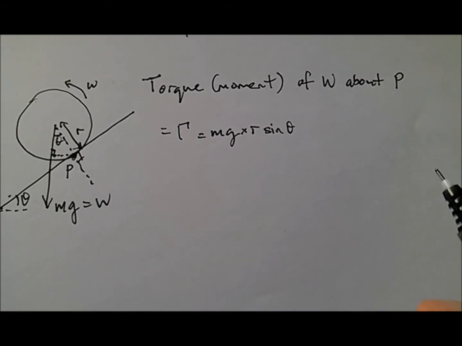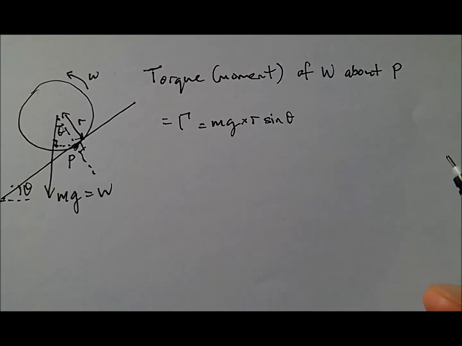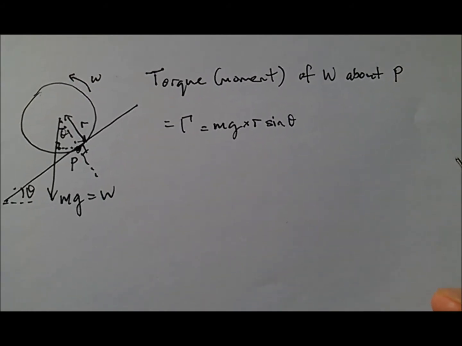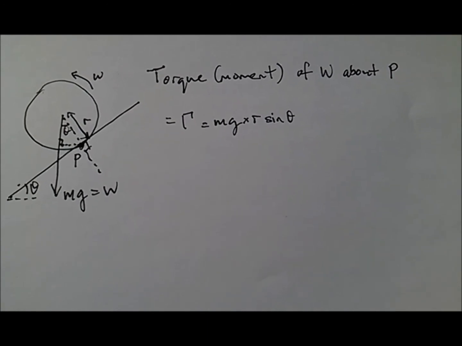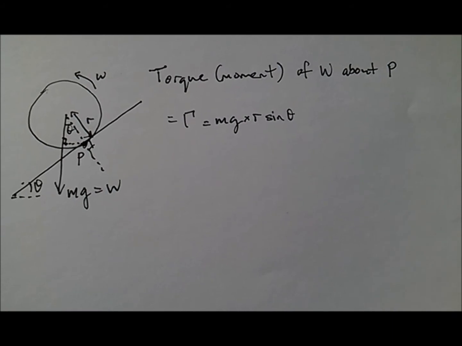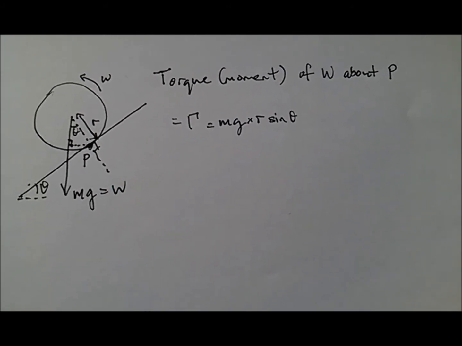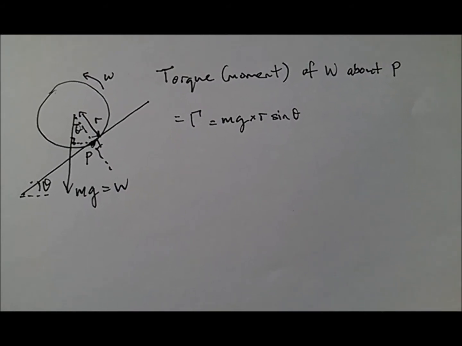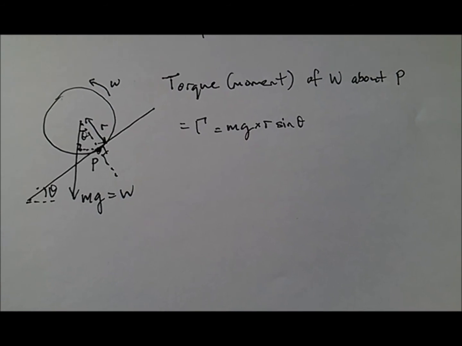If we are talking about linear motion, we have something called mass, right? A heavier, more massive object will be harder to accelerate. If you try to push a tennis ball versus a bowling ball, you will find that the bowling ball is harder to accelerate. But now we are talking about rotational motion.